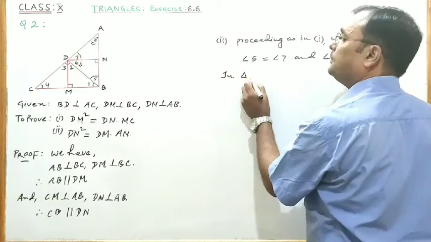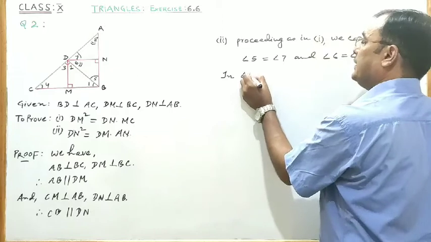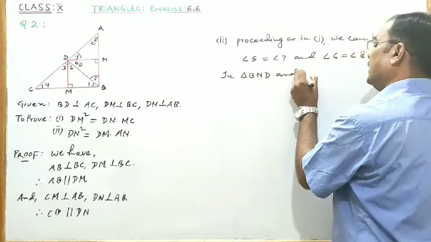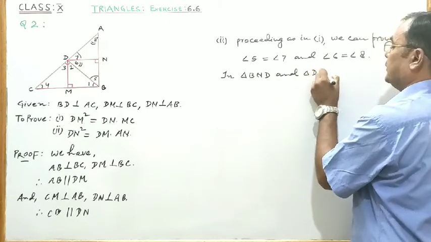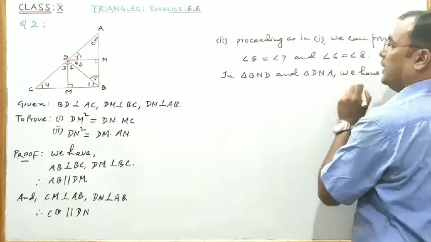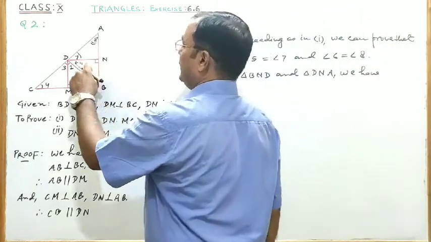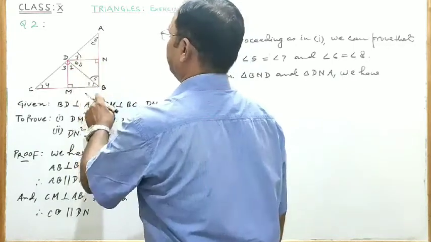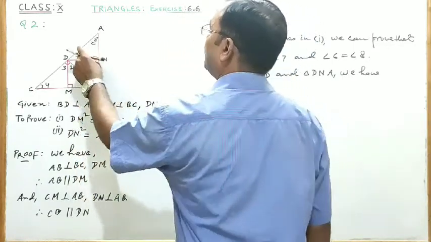In triangle BND and triangle DNA, we have this triangle BND and this triangle DNA.